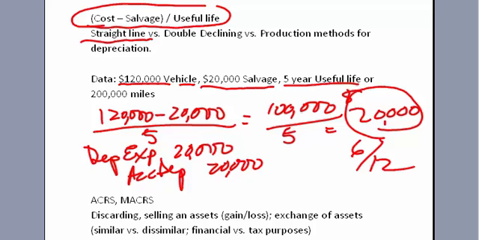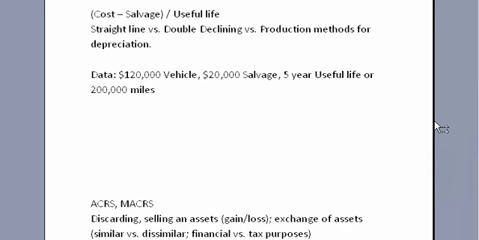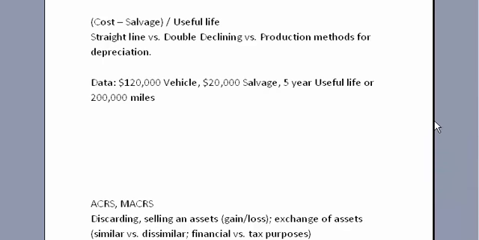The double declining method is a little bit different. The double declining method says what you want to do is take twice the straight line percentage. So if we're going to have 100% and we're going to depreciate this over 5 years, then that's 20% a year.